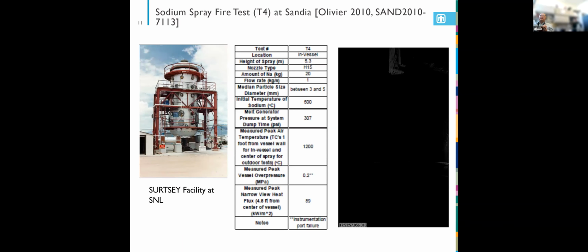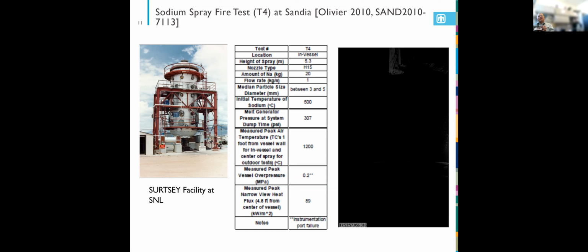Here in the 2000 timeframe, Sandia did have a laboratory directed research and development project, a few years, conducting a sodium fire. Showing here is the research facility. It's somewhere far away from my office here, several tens of miles away, 20 miles away.